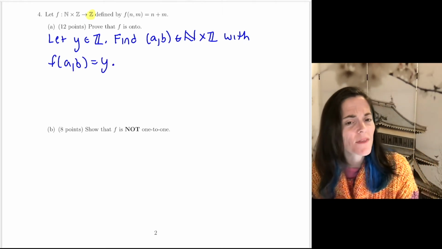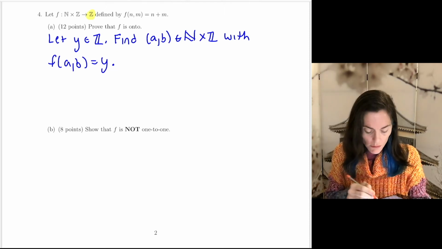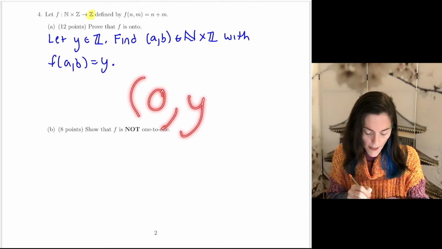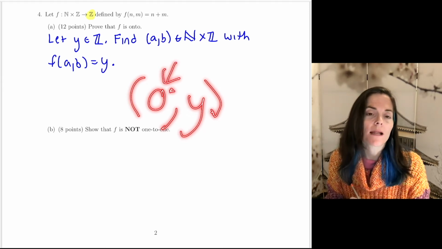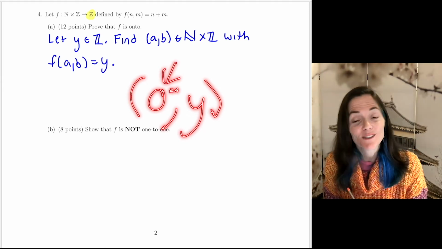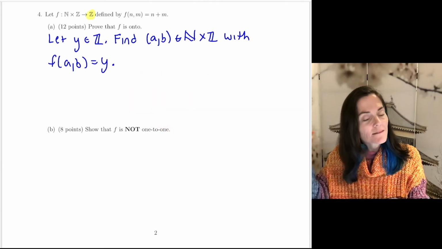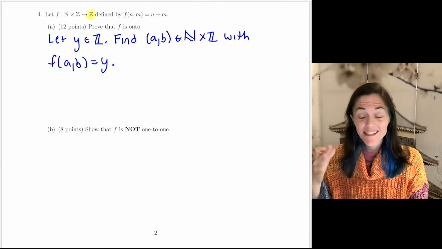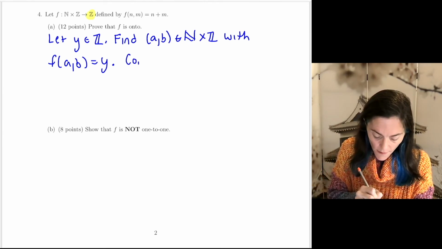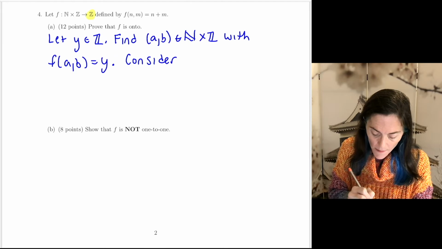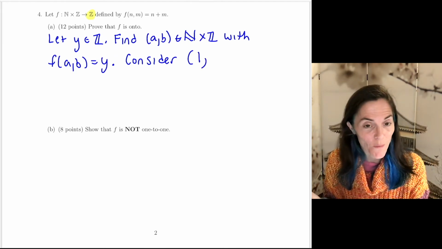So let's just think about this function. We cannot do (0, y). That won't work because 0 is not a natural number. Natural numbers start with 1 and then 2, 3, 4, 5, etc. Okay, so this wouldn't work, but that thought process can tell me what will work. So let's consider the element 1, and then I need a number such that when I add it to 1, I get y.